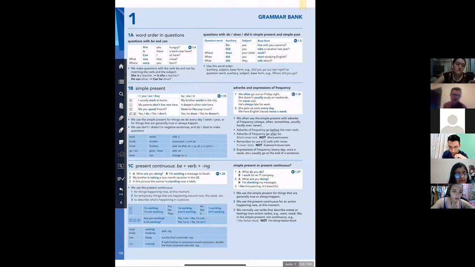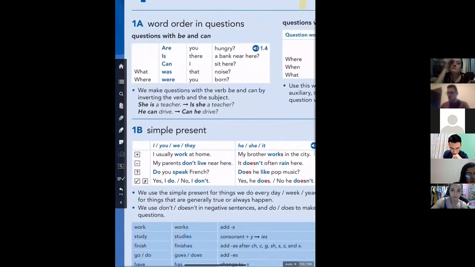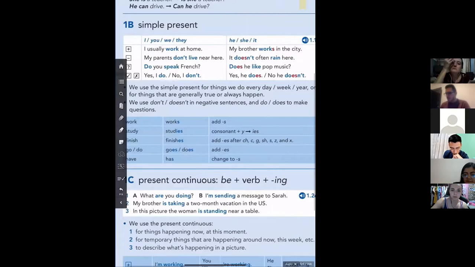Once you click on that part, it's going to take you to this other page, which is the grammar part. You might say, we already talked about the first part. Yes, we already covered this whole part of 1A. So we're going to move to the second part, 1B.